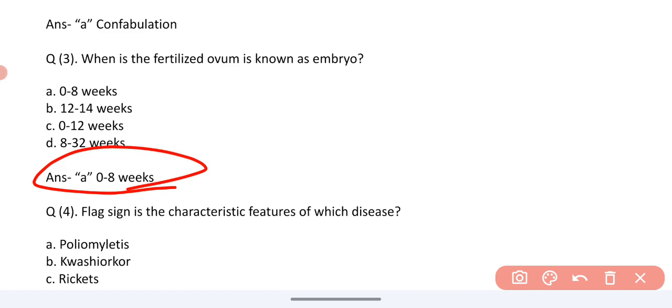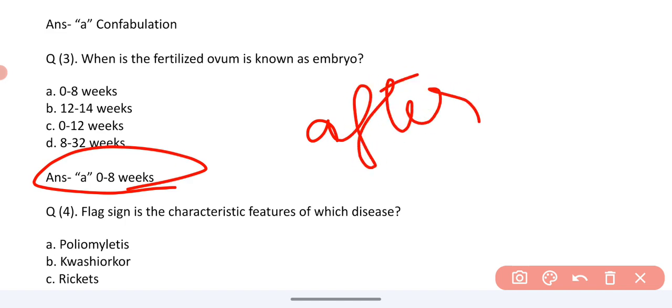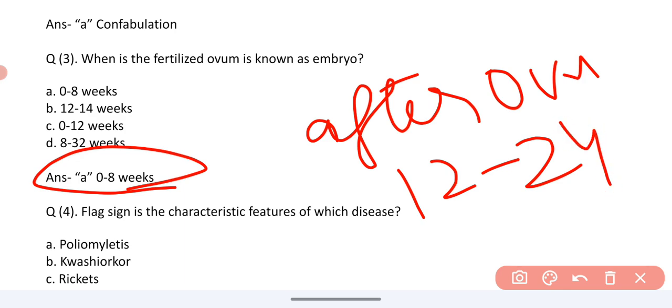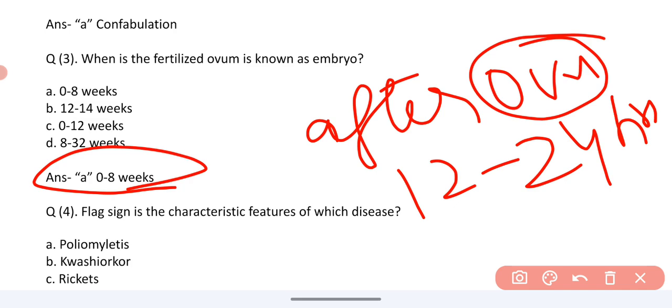See, what is the meaning of fertilization? It is the fusion of male and female gametes. It will happen within 12 to 24 hours after ovulation. Ovulation takes place on the 14th day of the menstrual cycle.